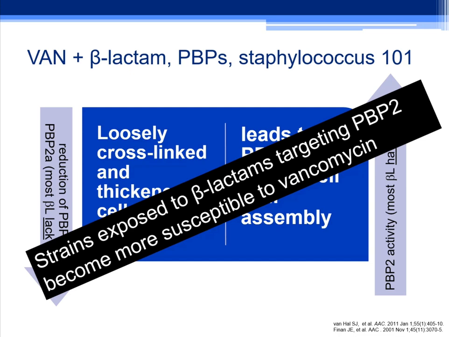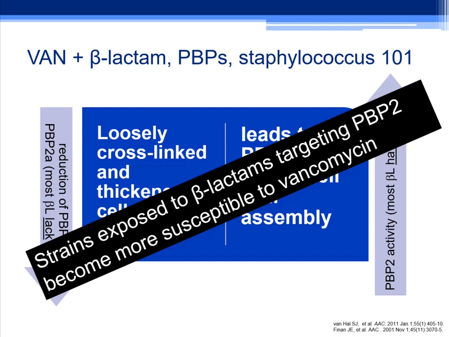So when you have this fluctuation and this reduction of PBP2A, you end up getting an increase in PBP2 to drive cell wall assembly. So that's what's increasing your cell wall thickness. In order for it to increase the cell wall thickness, and also increase the amount of D-alanine substrates, it has to actually increase a certain PBP itself.